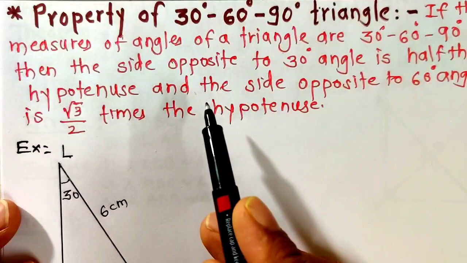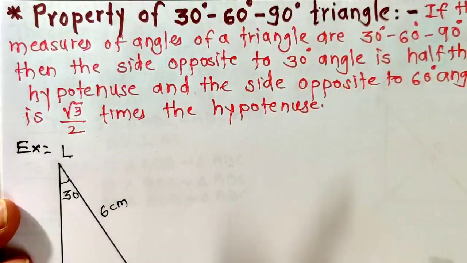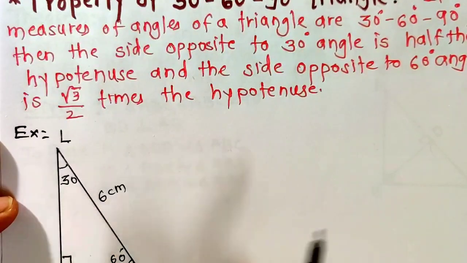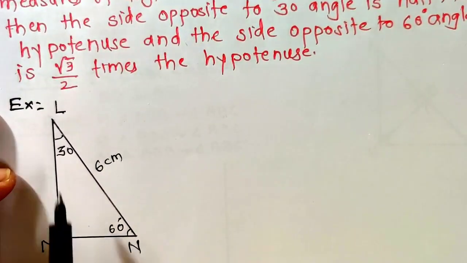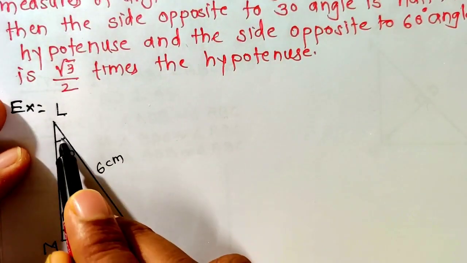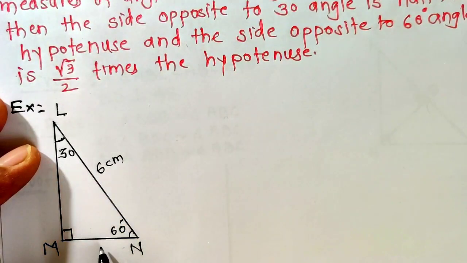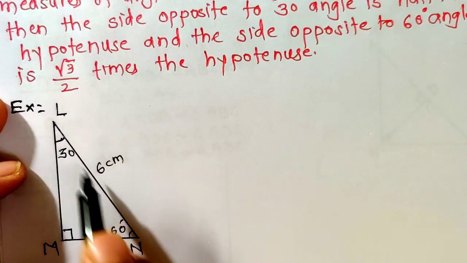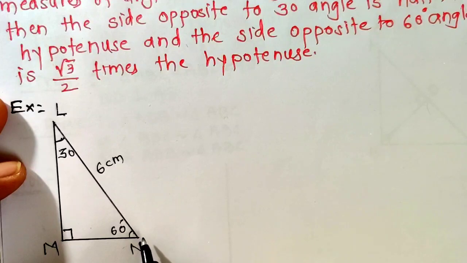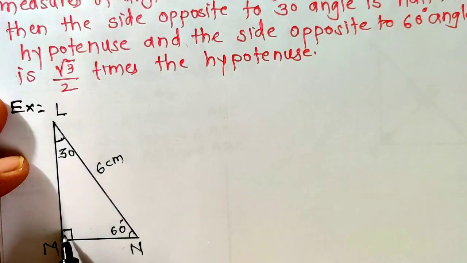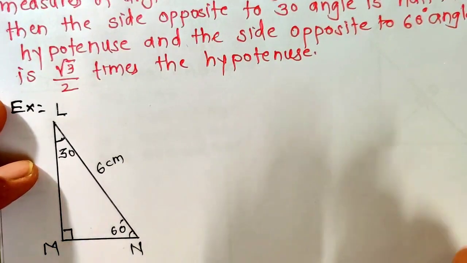So here remember again: the side opposite to 30 degree, that means MN, is equal to half LN. LN is the hypotenuse, and opposite to 60 degree, LM, is root 3 by 2 times the hypotenuse.